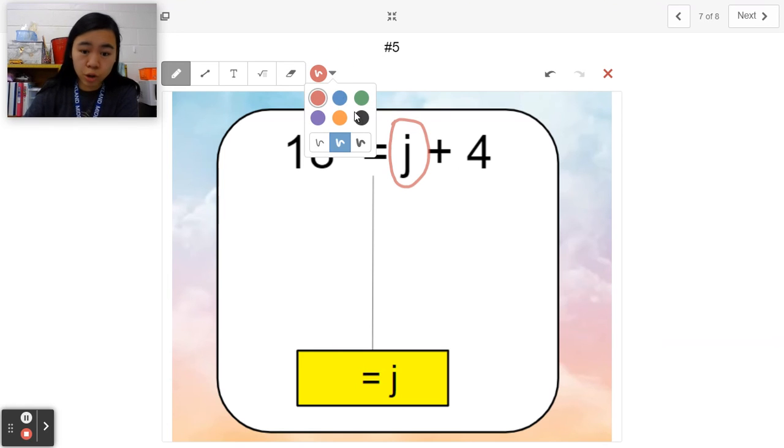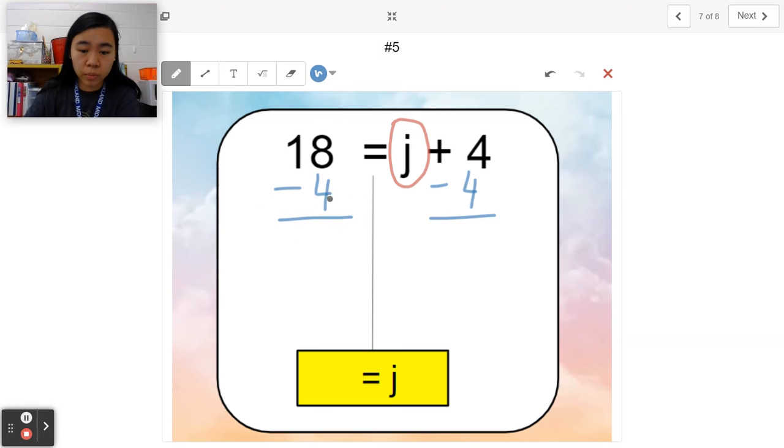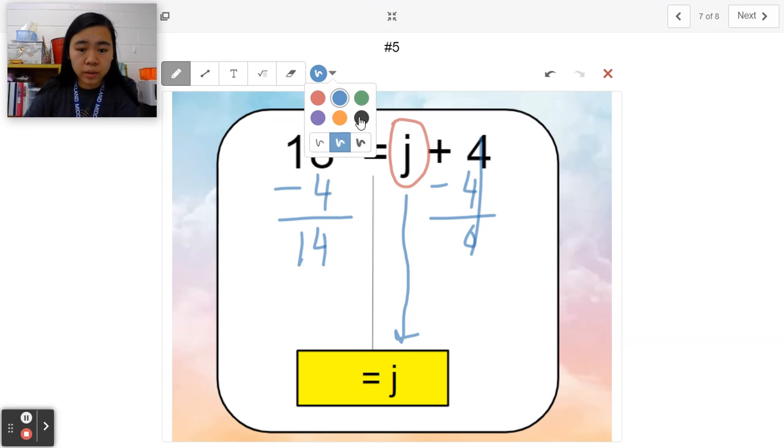So if I took away 4 from the left, because I want j to be by itself, don't forget to take away 4 from the right as well. This equals 0. That cancels out. My j is right here by itself. 18 minus 4 is 14. Don't forget to check your work. Does it make sense to plug in a 14 for j? 14 plus 4, it does equal 18.